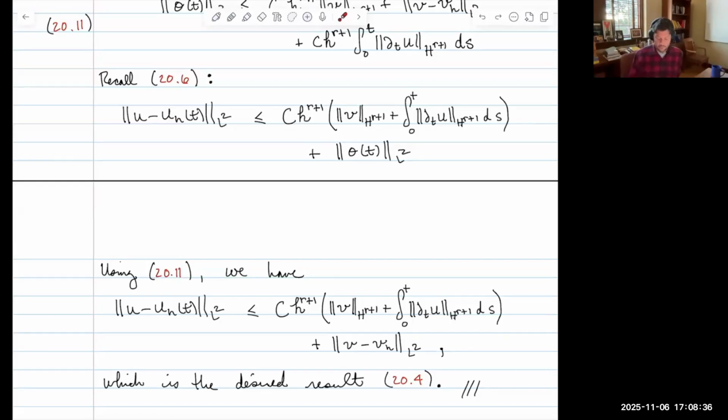And so we want what's called a fully discrete version of this. That's what we're going to start to analyze next. I won't be able to get very far into that analysis, so I'll start it and then we'll pick up again next time.